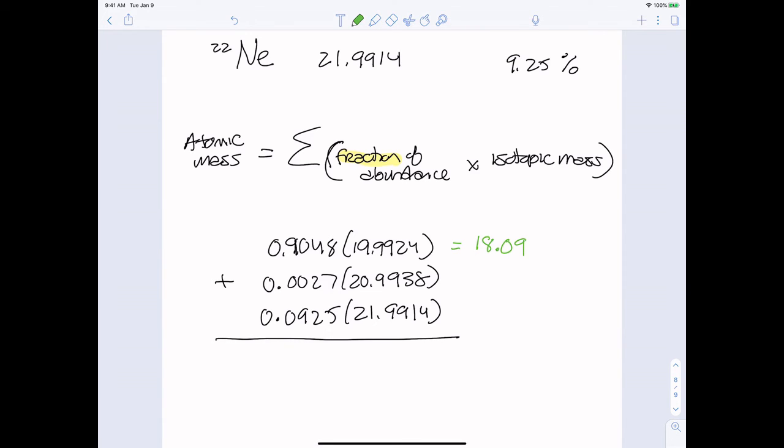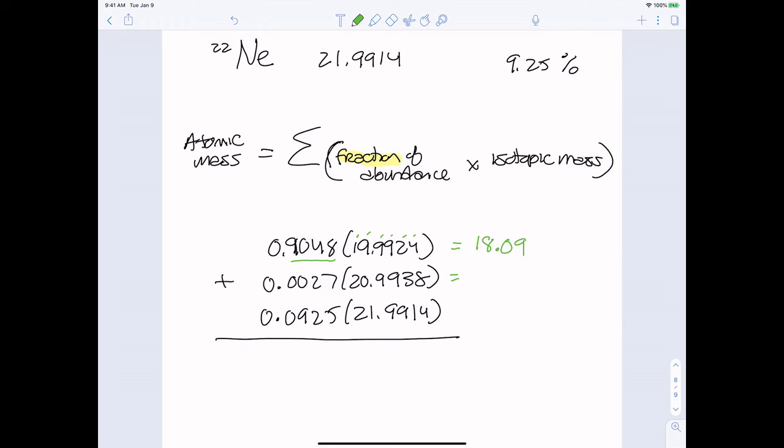So I want 4 significant digits. I have 4 here, and then here I have 1, 2, 3, 4, 5, 6. So I want 4 in my answer for this step. So I get 18.08912352 in my calculator. When I round that, that's what I'm getting.